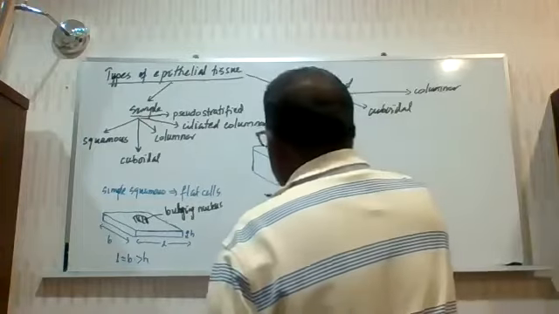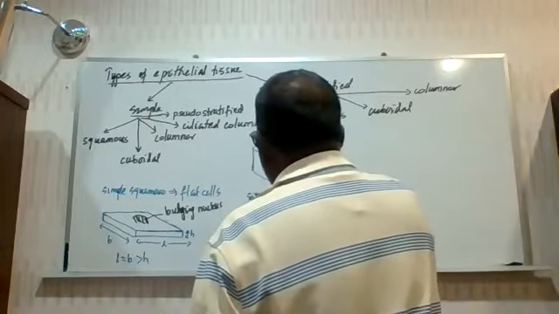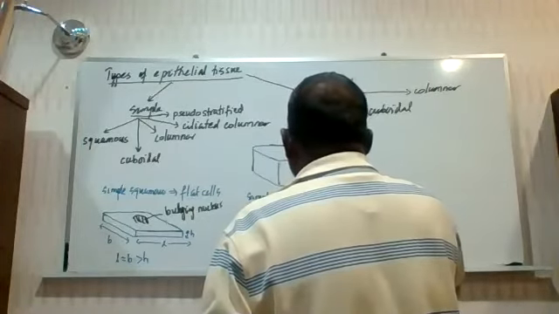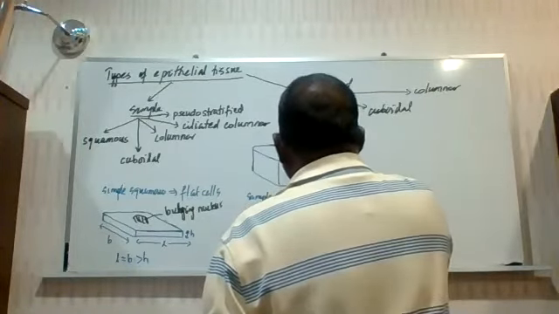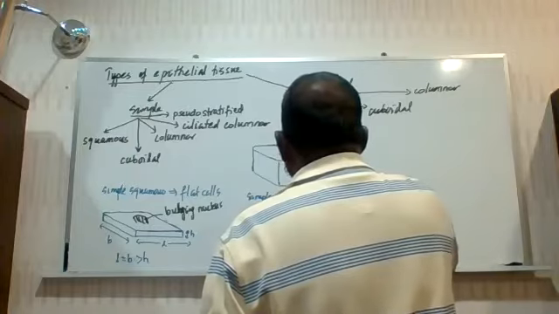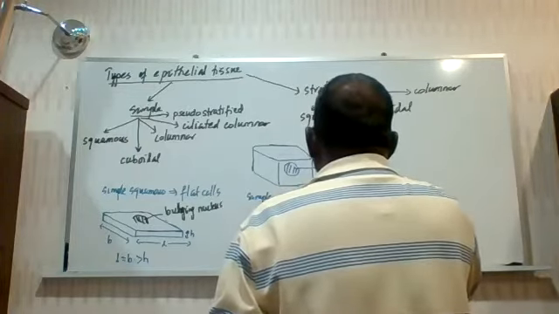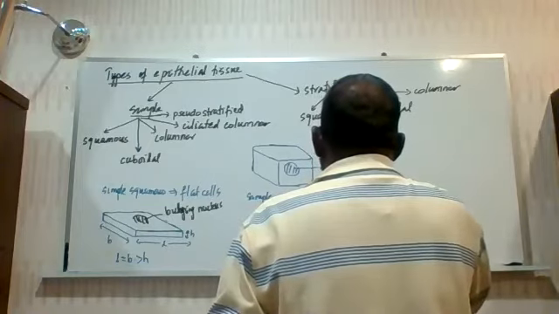So this is simple cuboidal. They are cubic cells, and therefore the nucleus is somewhere in the center, a central spherical nucleus.